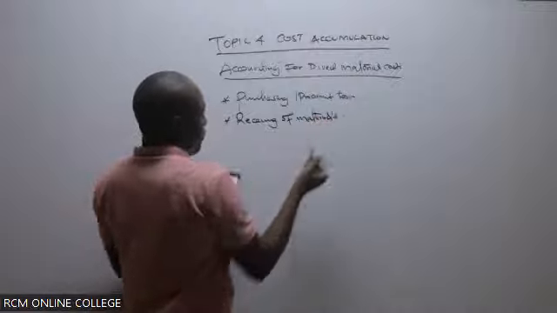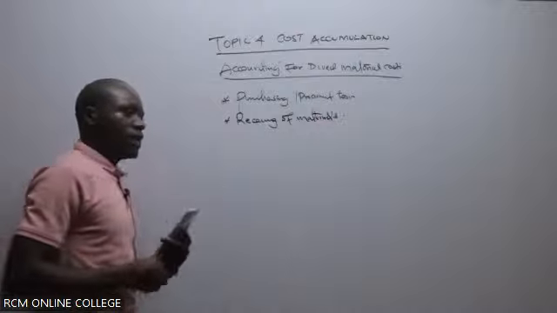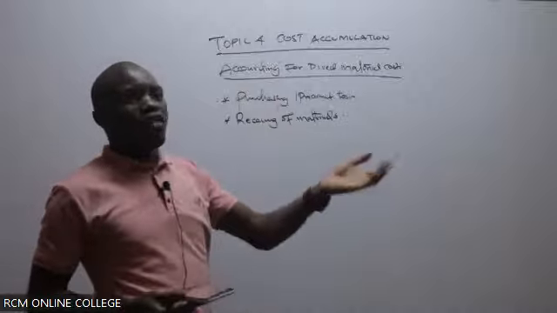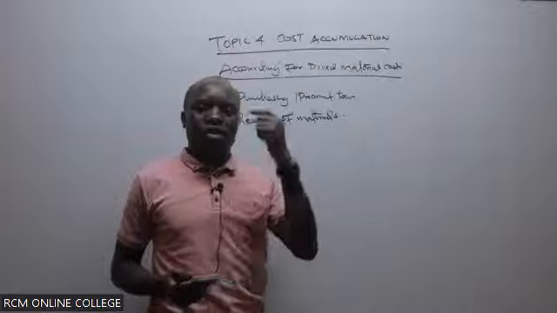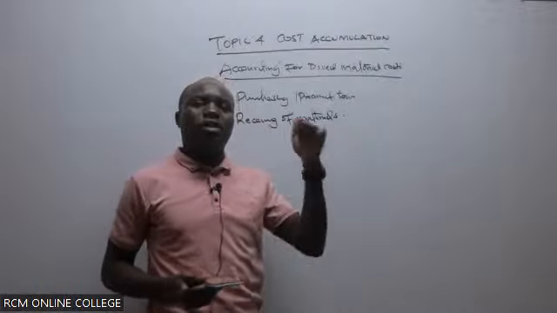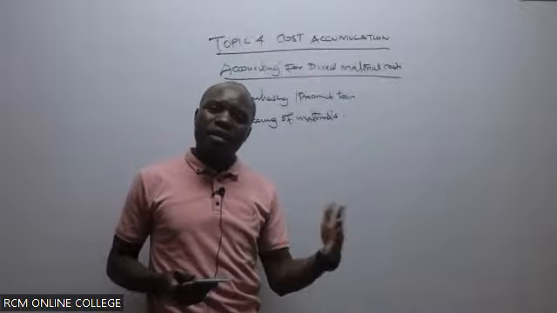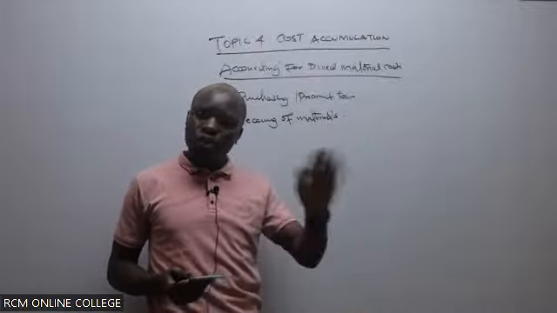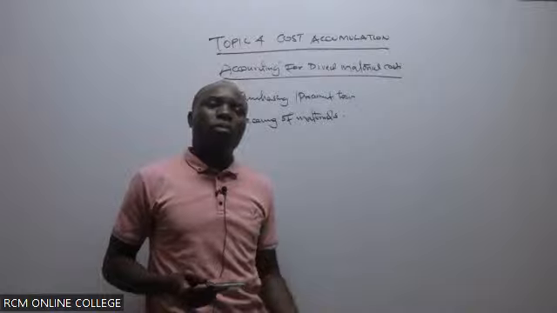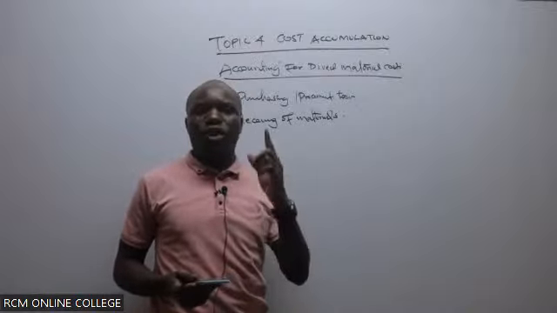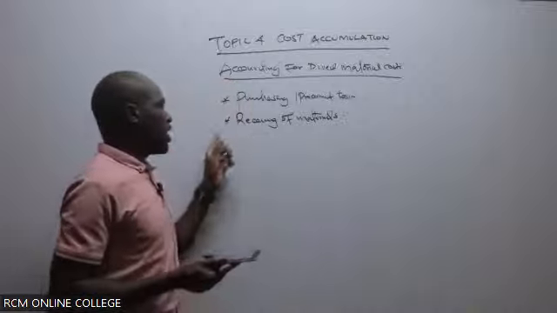Receiving of materials. This is where you will be able to see that in a company, there are those people who have been assigned the responsibility of taking care of the goods that are being brought into the company. Whoever supplied the goods brought in goods of high quality or the right quantity. But within the company, there are those people who have been charged with the responsibility of taking care of raw materials.